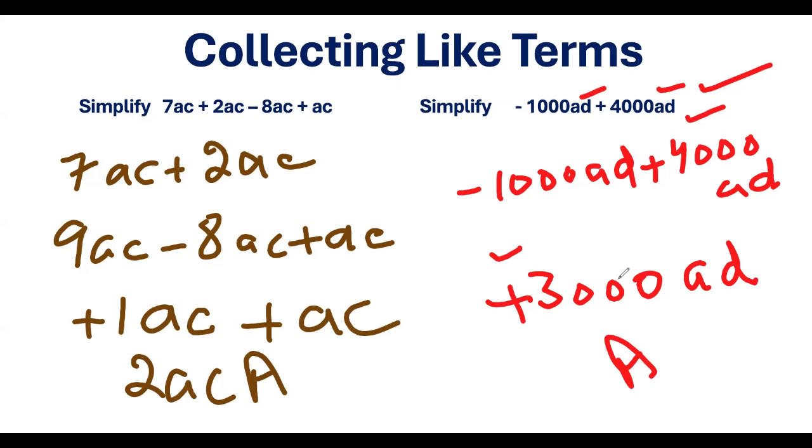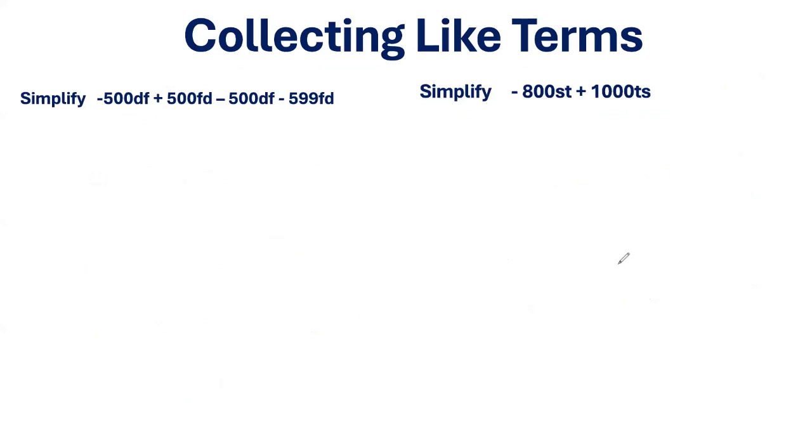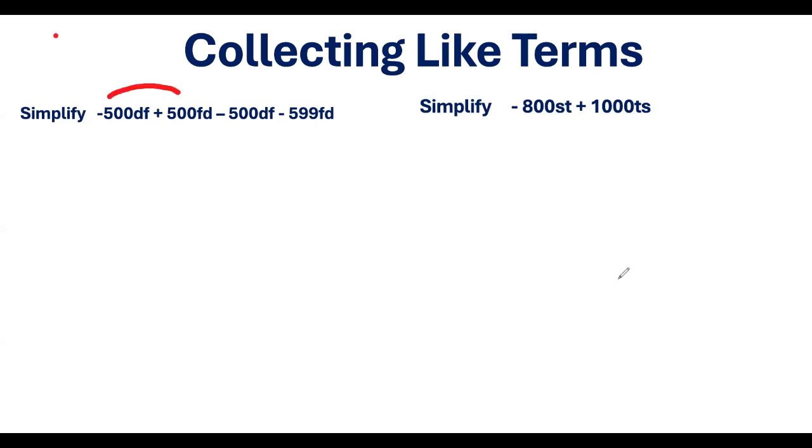Next question is minus 500 DF plus 500 FD, minus 500 DF minus 599 FD. Let's try to solve it. These two terms we will solve first.